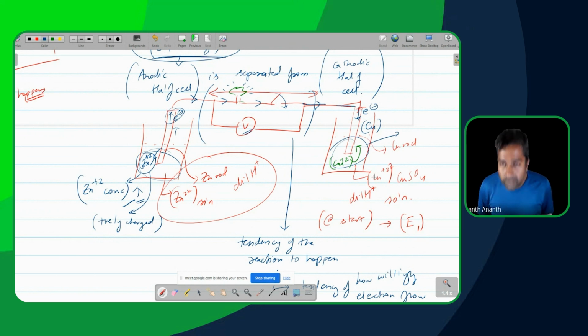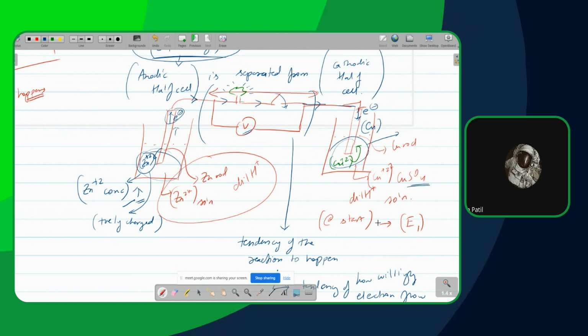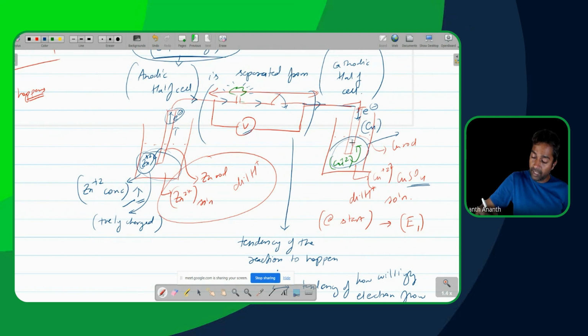Copper 2 plus, Kana, what is that guy's partner in the beginning, at the starting, before I turn on the switch? The sulfate. So when the copper 2 plus is getting deposited and becoming copper, who is it leaving behind? SO4. So in this case here, SO4 2 minus accumulates.